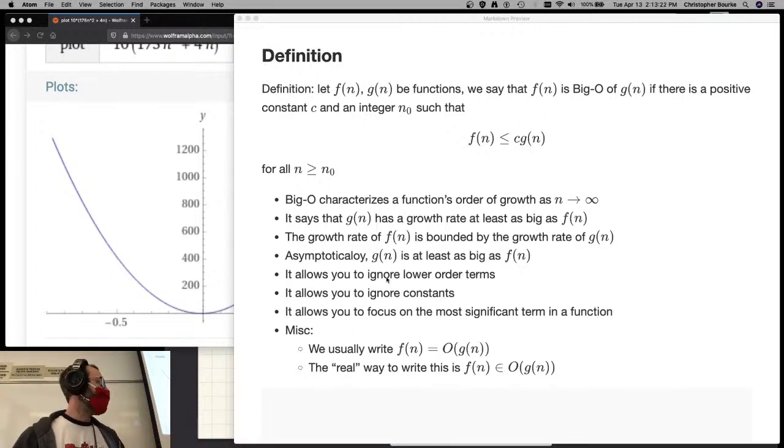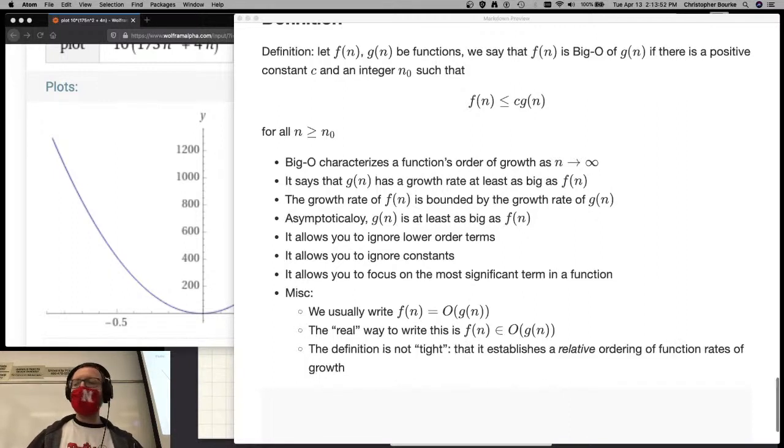But the real way of writing this is to use set notation: f of n is in the class of functions bounded by g of n. We don't assume 235 material here, but if you're familiar with it, that's another way of writing it. So don't get confused when some authors use equals. That's technically not correct, and other authors use the proper set notation.